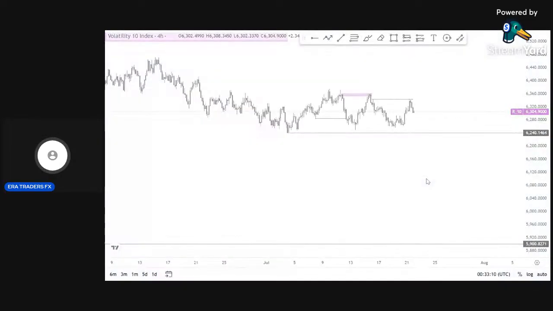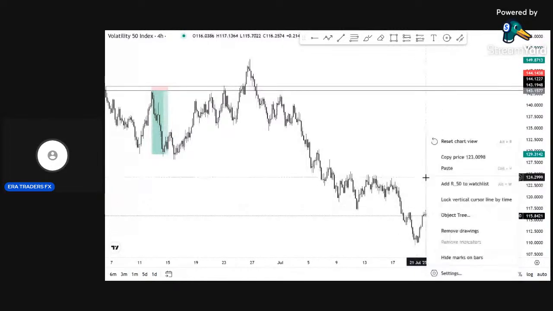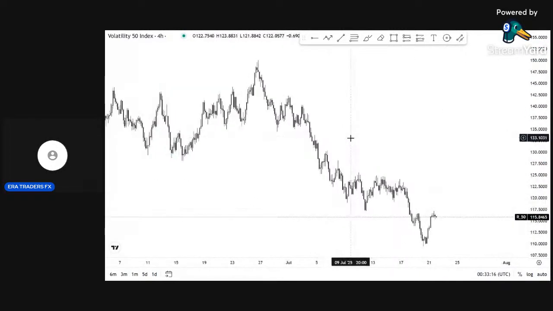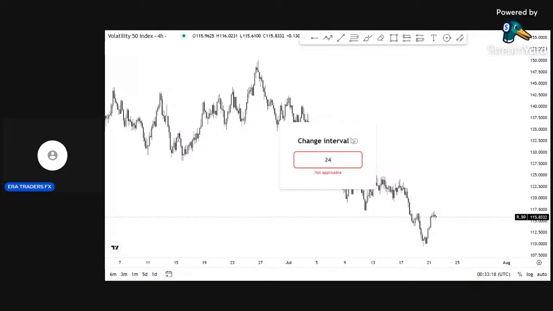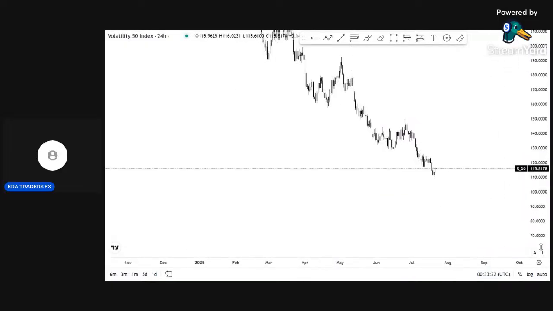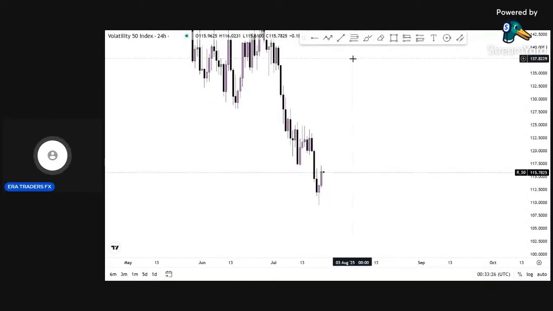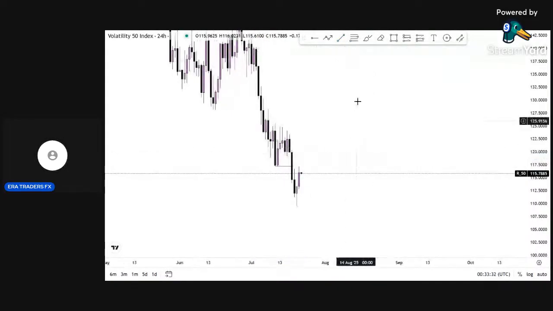Let me do V50 because I think I can see a setup on V50. Although it has left the first sell setup, this is our most recent break of structure to the down on the daily time frame.